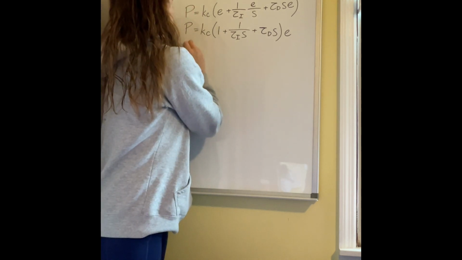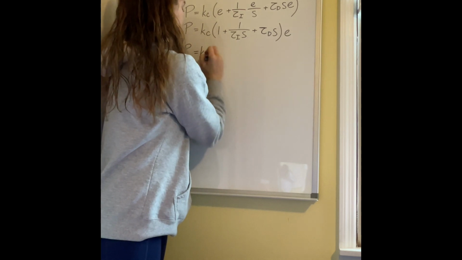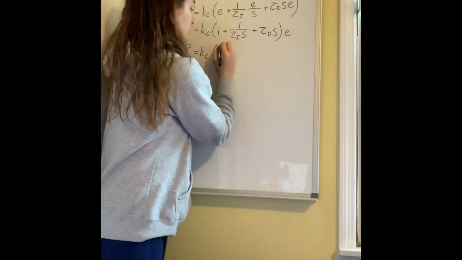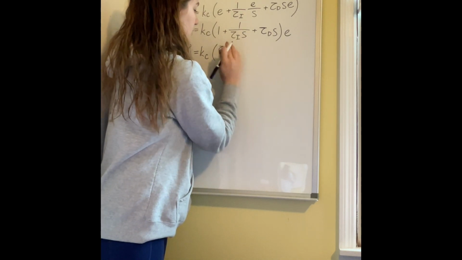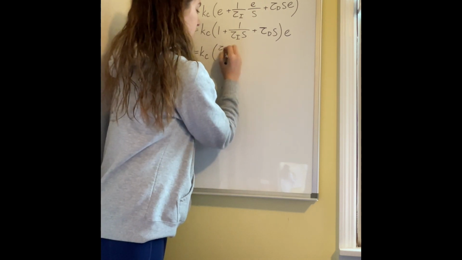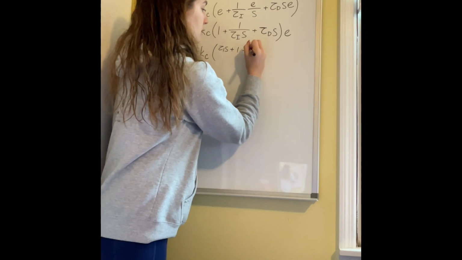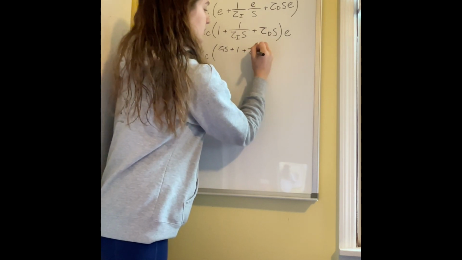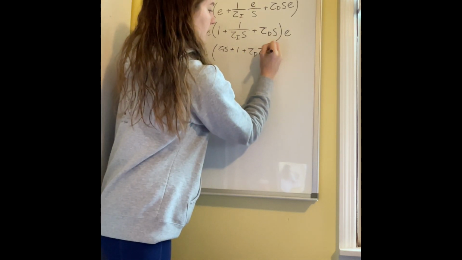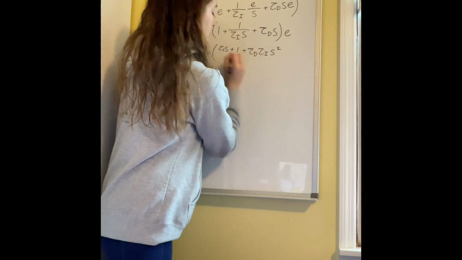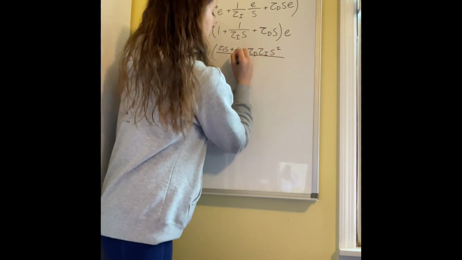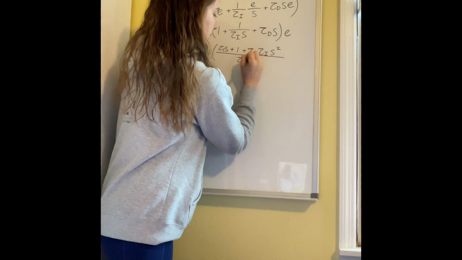So we can say that our big P is equal to Kc times tau I s plus 1 plus tau d tau I s squared over tau I s.